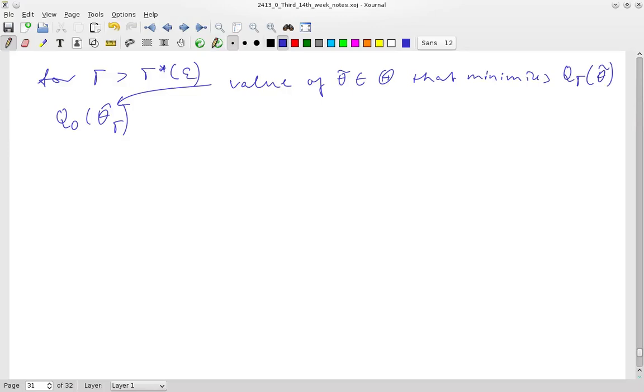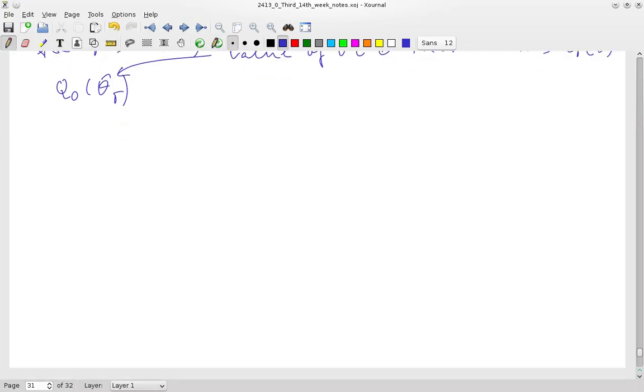This value is plugged into the q naught function, and we're going to compare this with q naught evaluated at theta. Now, obviously, that difference is bigger than zero, because q naught is minimized by theta, and evaluating q naught at theta hat should give you a higher value of q naught.